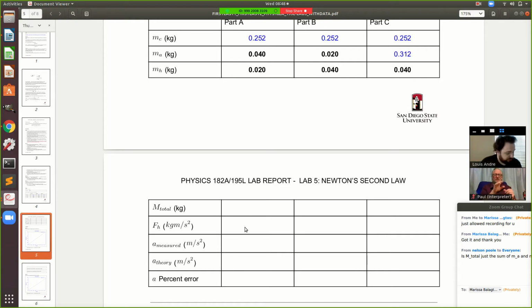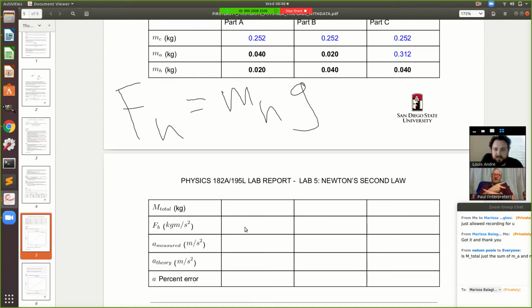FH. FH is the force that's accelerating the system. That's the force due to the hanger alone, just the hanger. So to find FH, it's going to be MH times gravity. Okay? So, just another example of Newton's second law here.